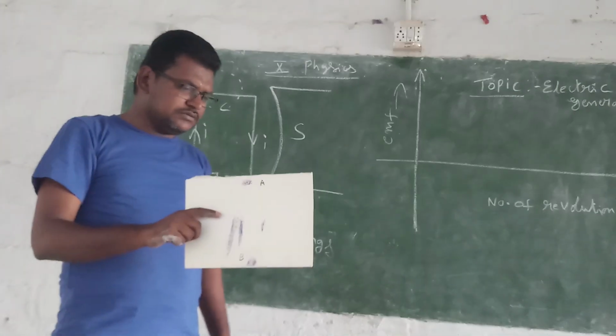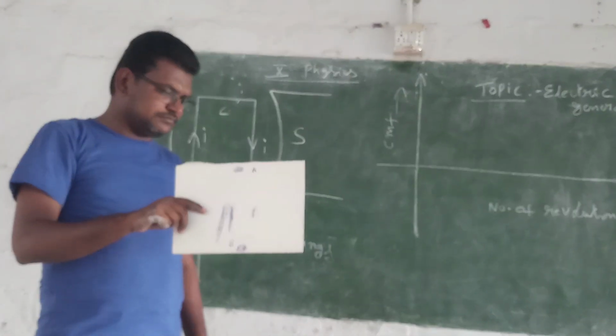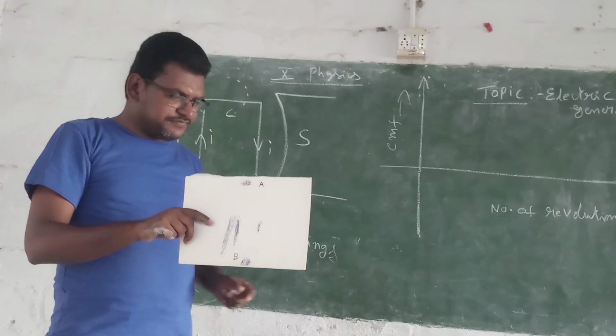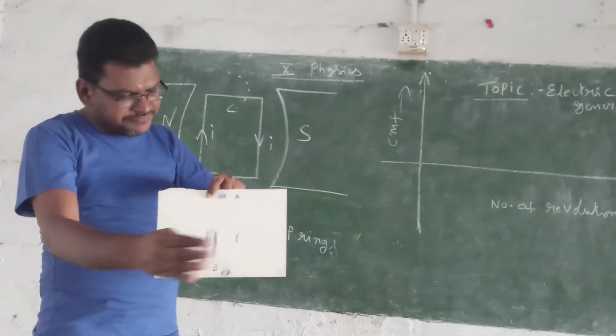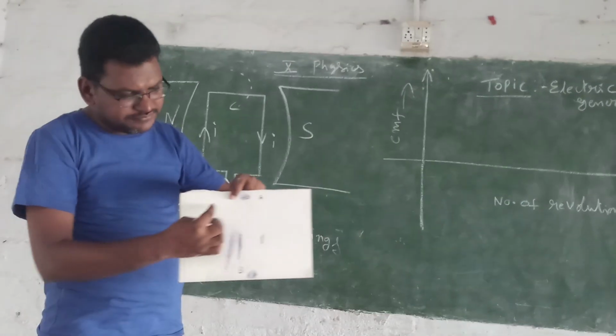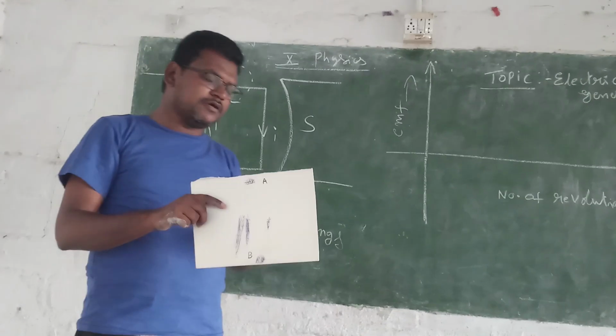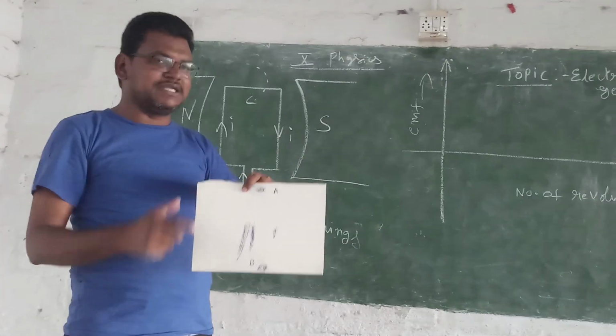Now if we take the rectangular coil in this orientation, the maximum number of magnetic field lines pass through this surface area. Though, we can't observe any current.